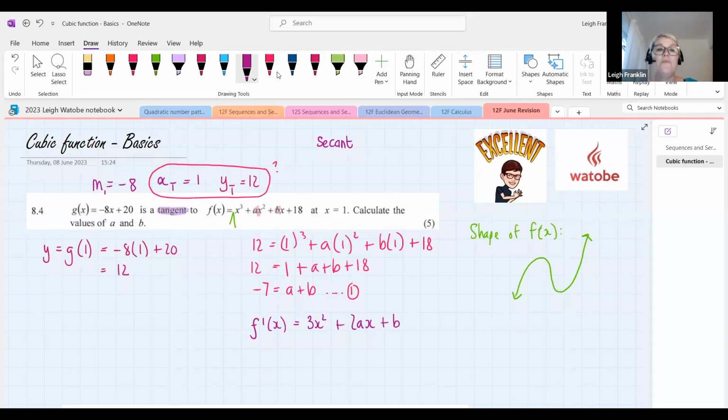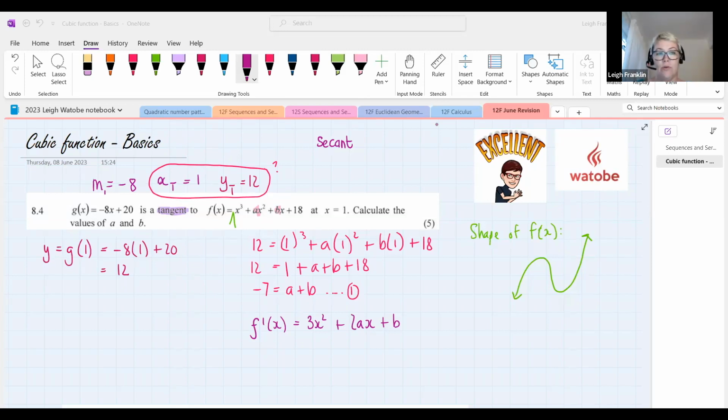Now that I've derived, what am I going to do with my derivative? Sub in an x and a y value. Okay, remember f prime x is not y, Nhlanhla. F prime x is gradient.